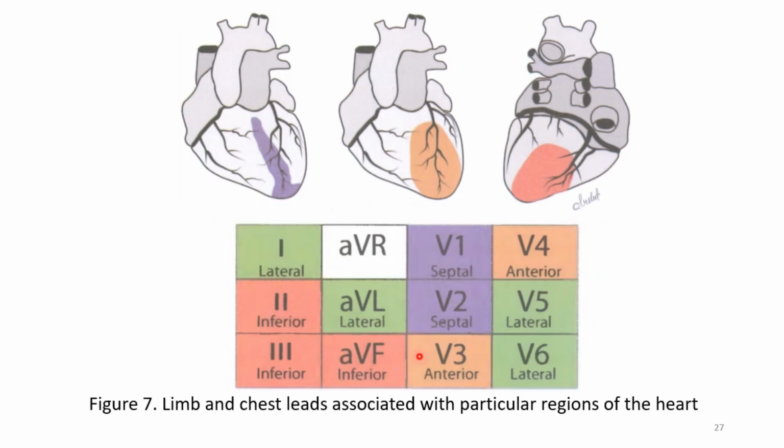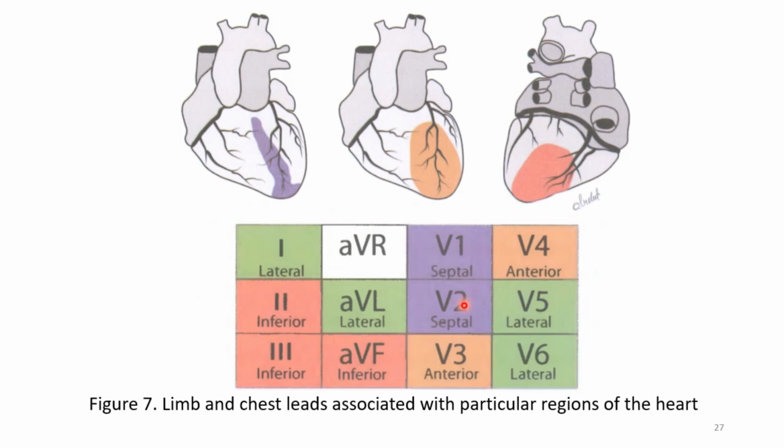Here you see the leads. As you see, lead 1 or derivation 1 sees the lateral wall, lead 2 inferior, lead 3 inferior, and then augmented voltage right from the upper part, and augmented voltage left from the lateral wall of the myocardium, and then augmented voltage foot, the inferior part, can be followed here.